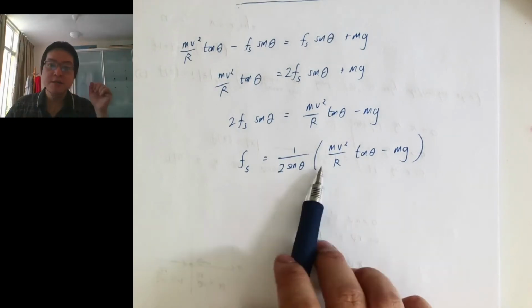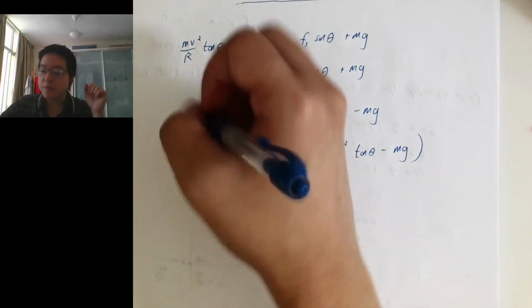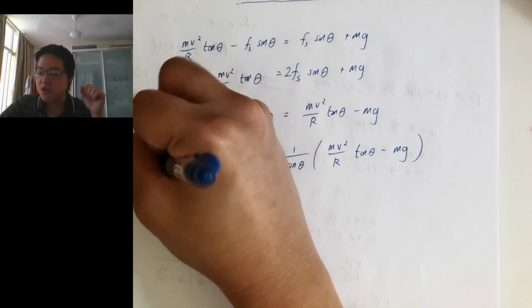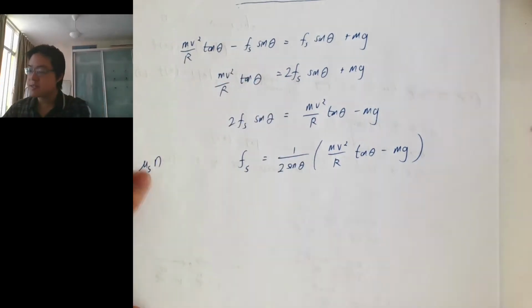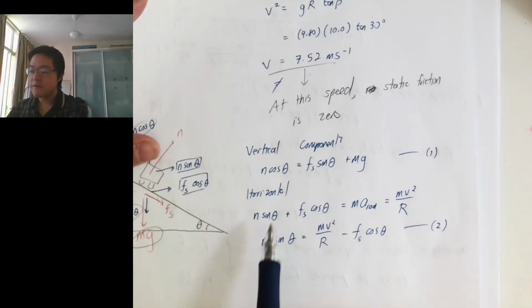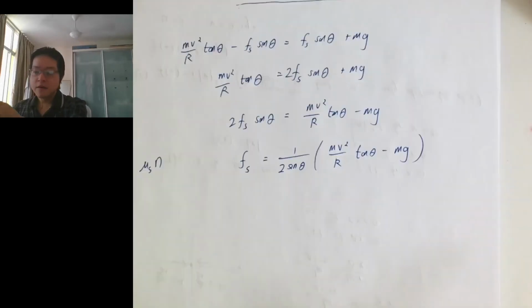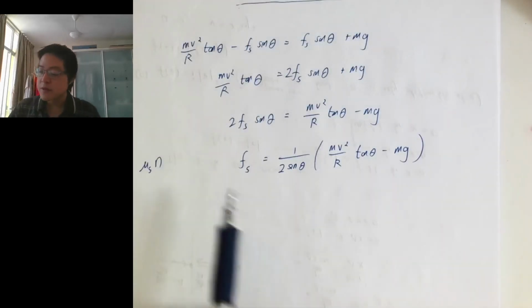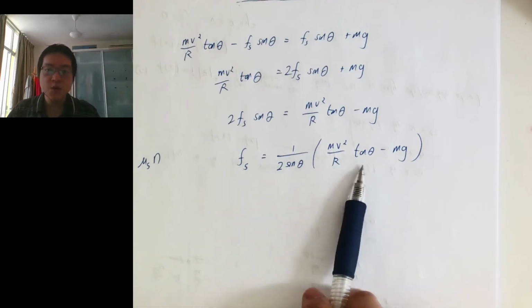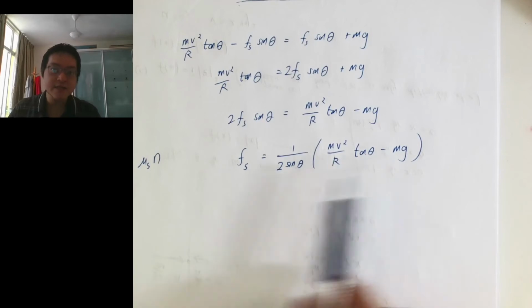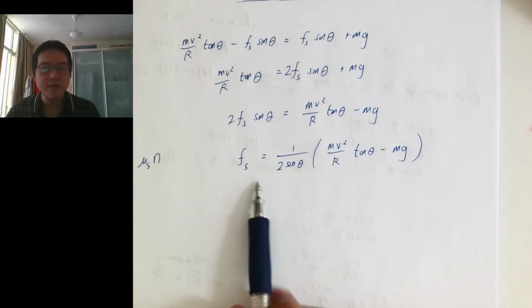Because this static friction cannot be larger than mu s times the normal force. So the normal force is now given by this formula. So it cannot be greater than this force. But for whatever speed you're driving, the static friction will automatically respond to this.